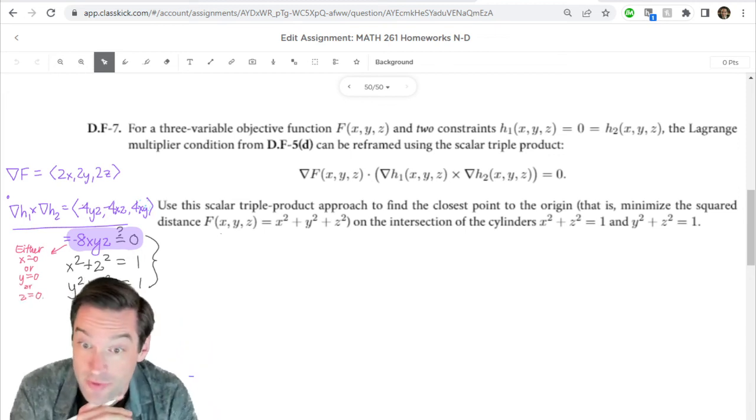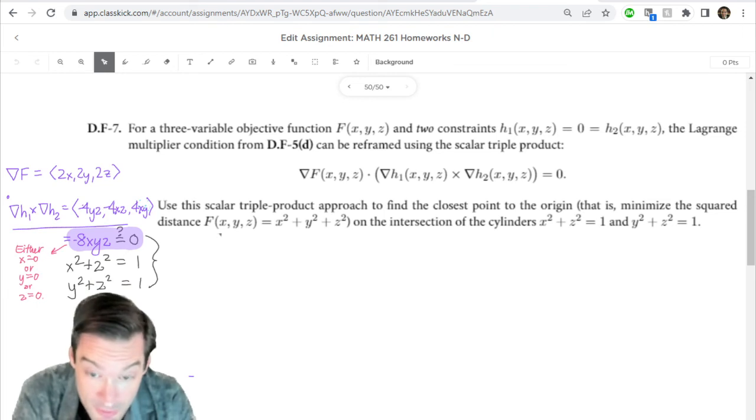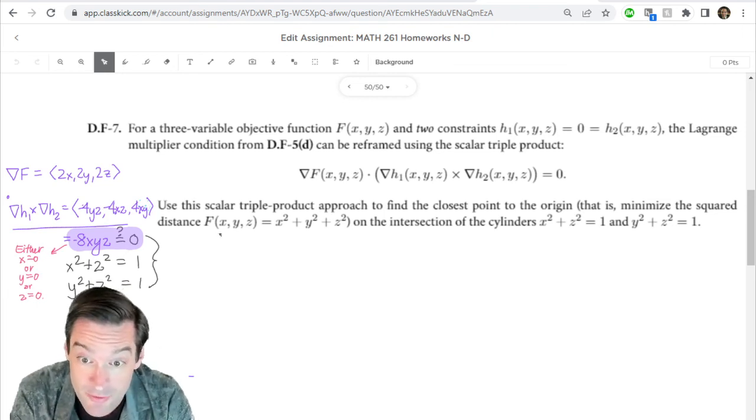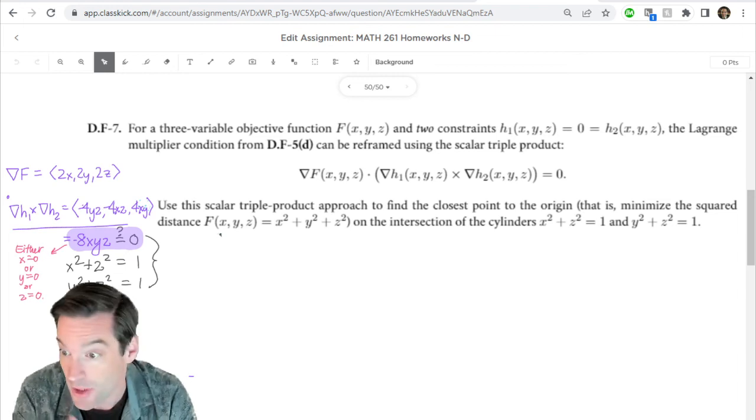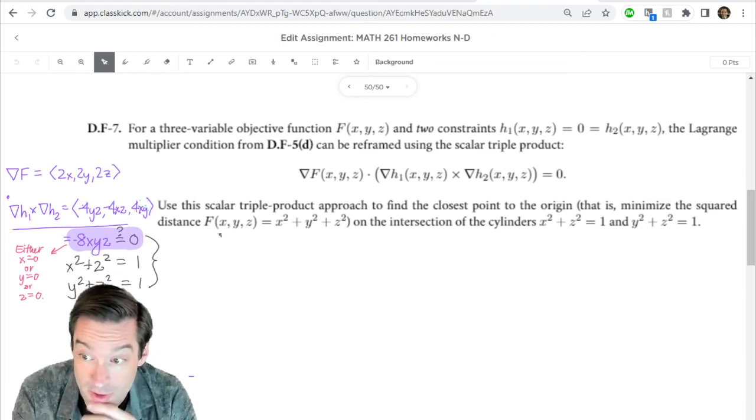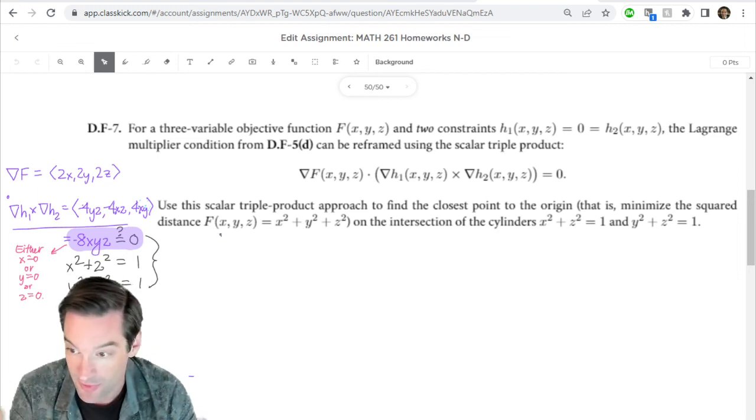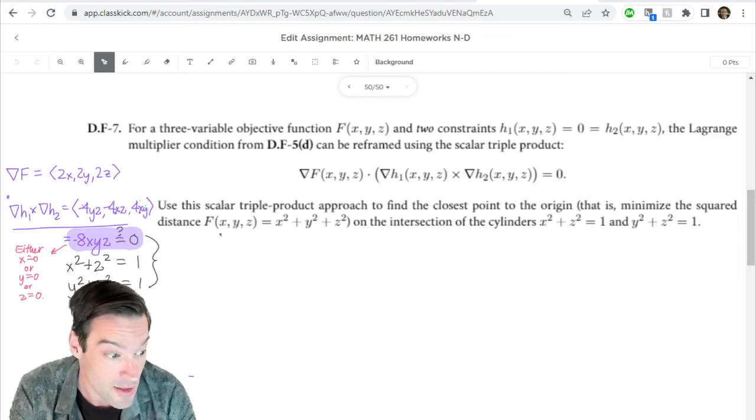That gives us three different possibilities for how to look at the other two constraint equations. In the case x equals 0, we can plug a 0 in for x into the other equations and try to solve. In the case where y is equal to 0, we can do similar. In the case where z is equal to 0, we can do similar. We might end up with a bunch of different answers here, which is fine.